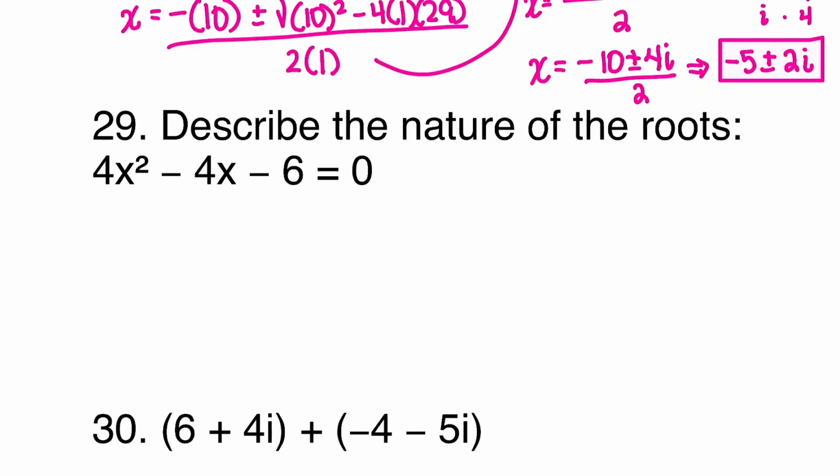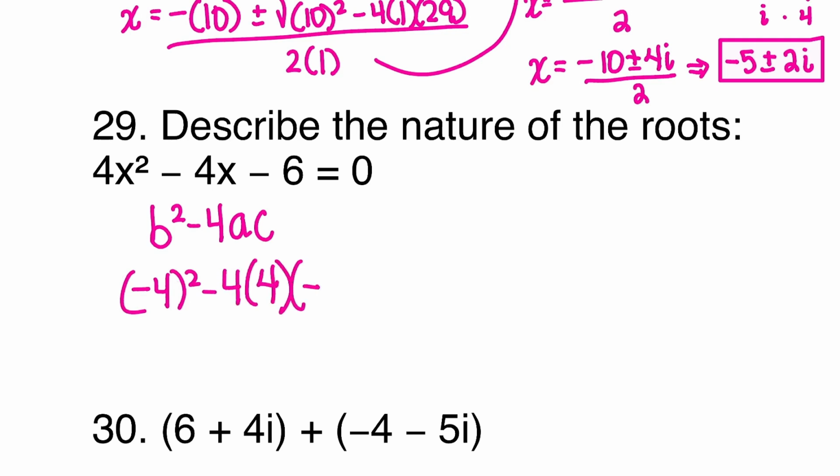Number 29, describe the nature of the roots. 4x squared minus 4x minus 6 equals 0. Remember that in order to find the roots, we're going to do the discriminant here. Our b value is negative 4. Our a value is 4, and our c value is negative 6.